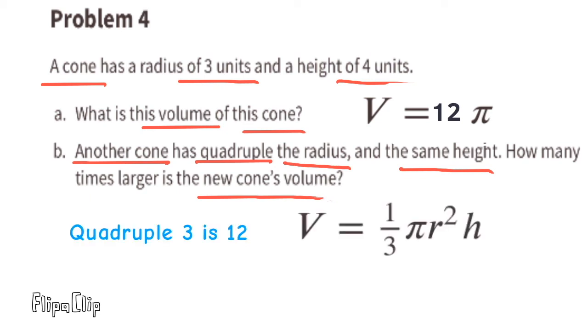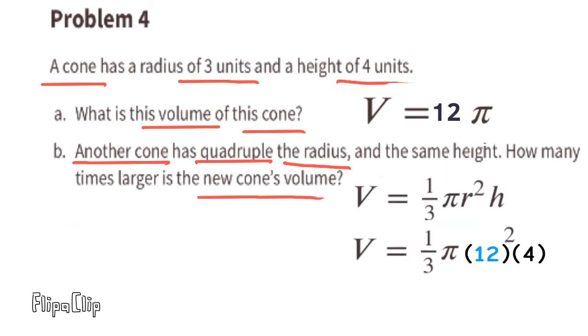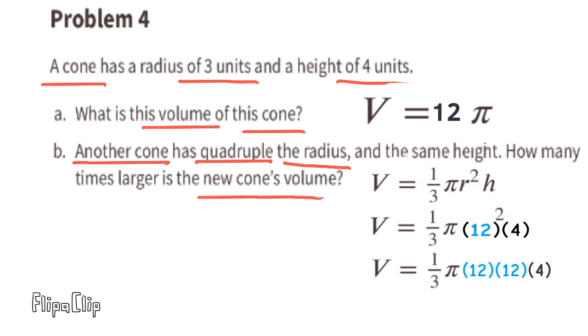When you quadruple 3, you get 12. So we're going to substitute the r with a 12. Now the equation reads v equals 1/3 pi times 12 squared times 4, which is 1/3 times pi times 12 times 12 times 4.